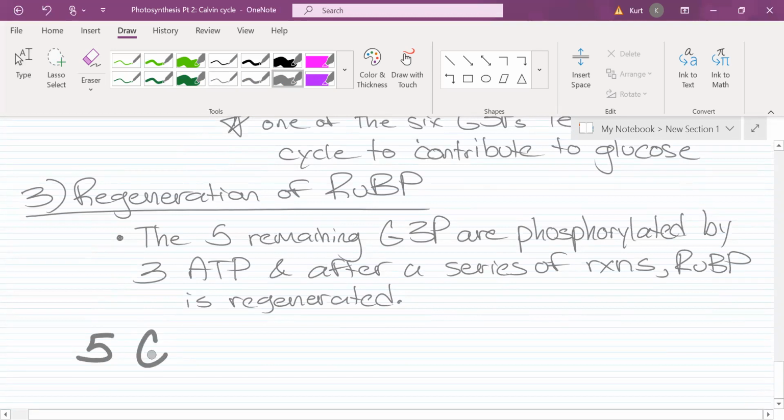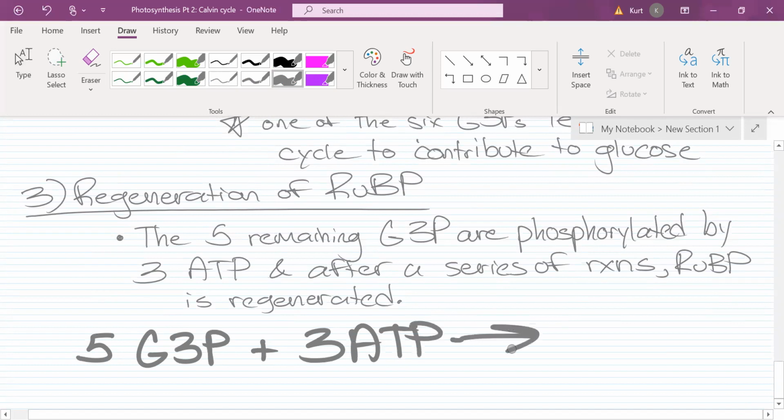So we have 5 G3P plus 3 adenosine triphosphates results in 3 RuBP again. And you have completed the cycle.